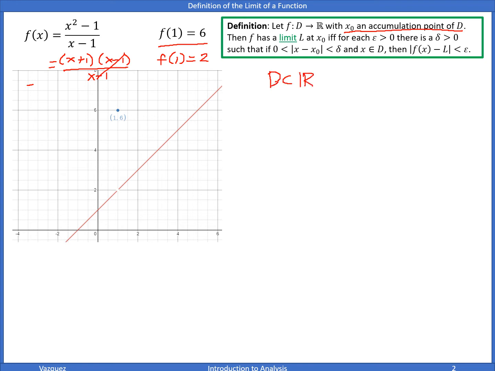We're just choosing a subset of the real numbers, D. So for example, in this case, D could be from -2 to 4. This interval can be D, or it can be any other subset of the real line. So x naught has to be an accumulation point of D for our definition to even apply.